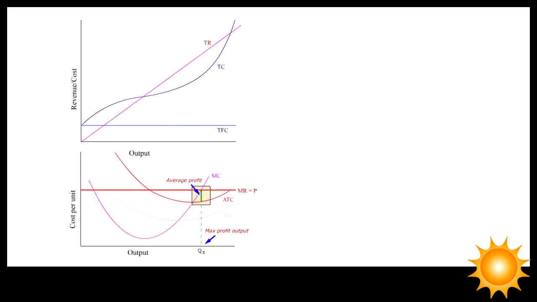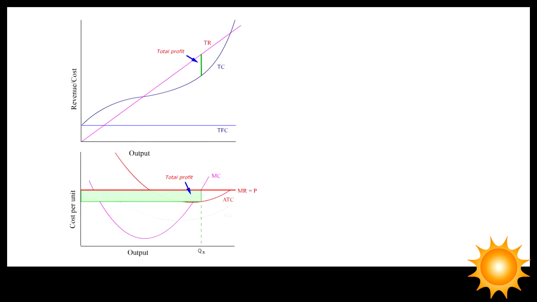Let's bring back average total cost, ATC, and average variable cost, AVC. At Q pi, where MR is equal to MC, average profit is positive. So is total profit.